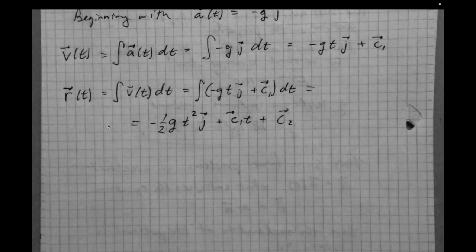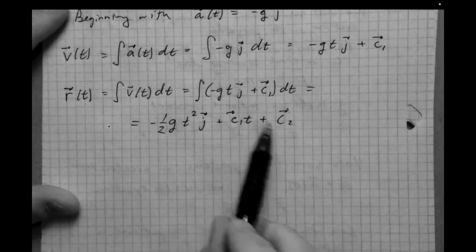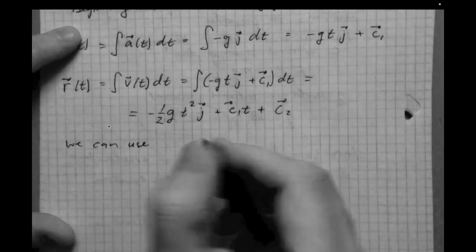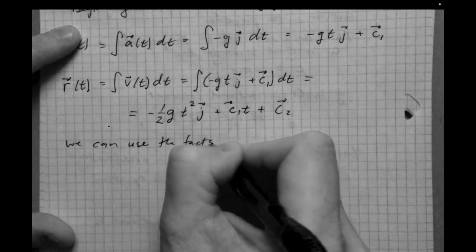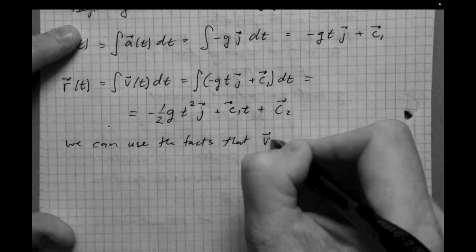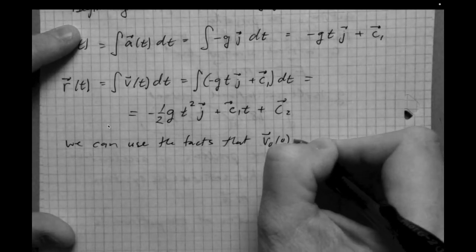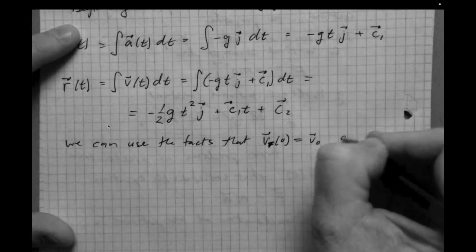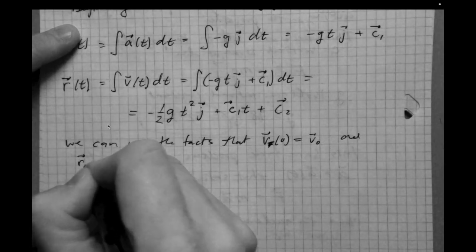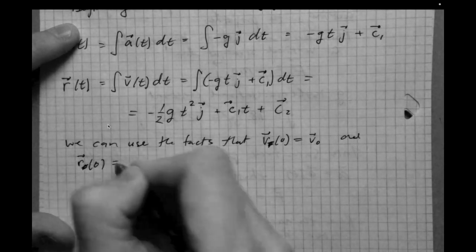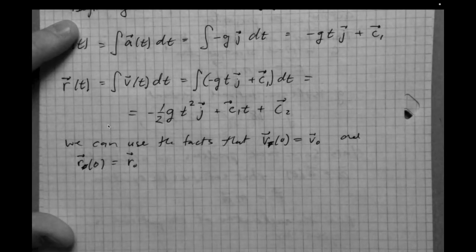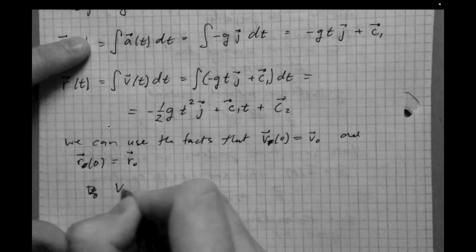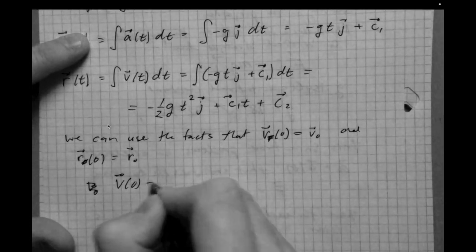Okay, and we can use some of the facts that we've gathered up to this point to figure out what these constants are. We can use the facts that the initial velocity, v of 0, is equal to v0, and that the initial position at 0 is equal to r of 0. So v of 0 is equal to v0.